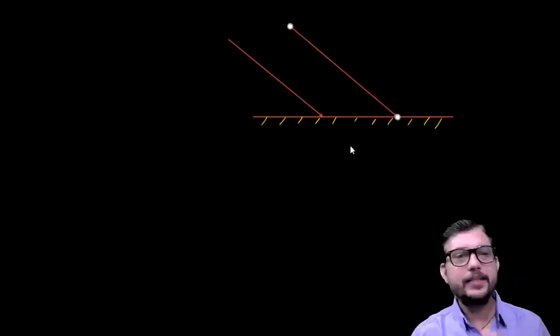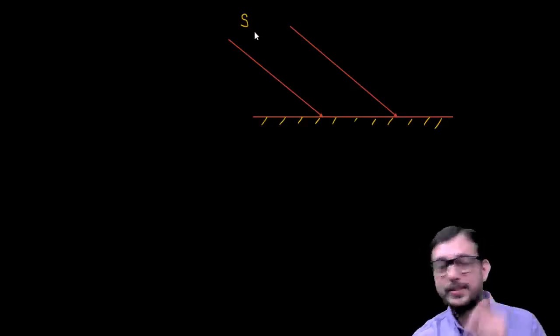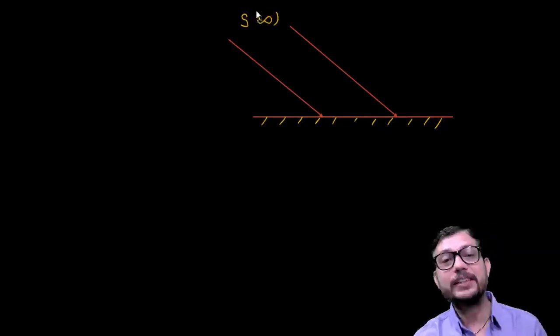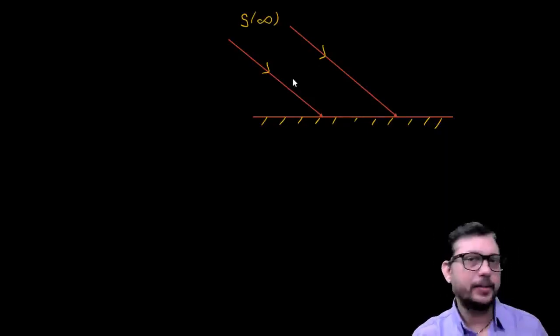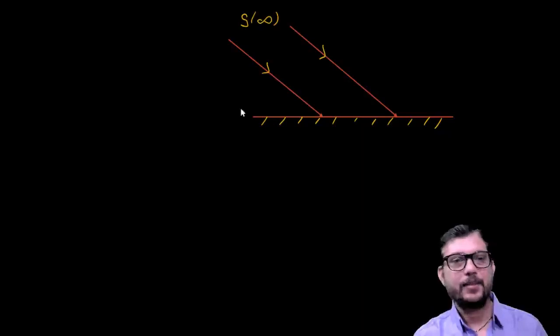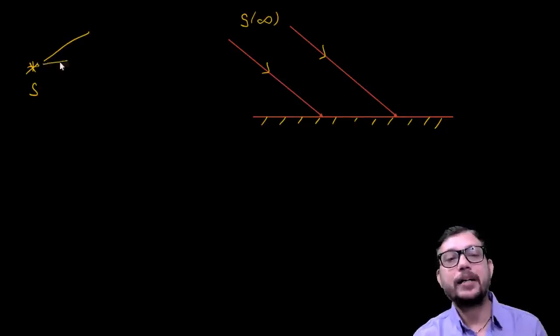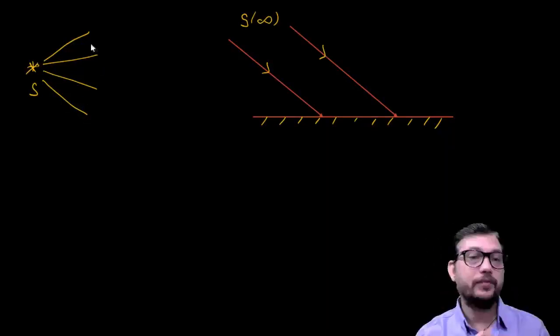Now, as we know, if the source is the sun, which is at infinity, that's why the rays are parallel. Okay, and we know that if the rays are parallel, then the wavefront will also be parallel. So for example, if we take a source like this, and the light waves are spreading out like this, and when we draw a wavefront, then the wavefront will be spherical in shape.